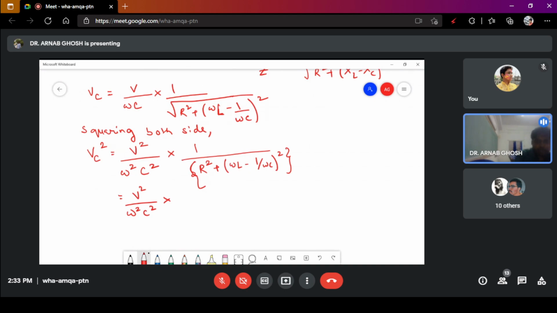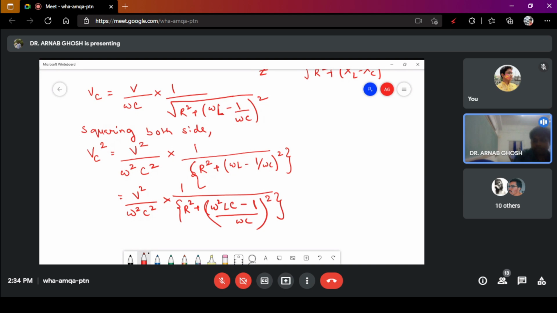This is 1 by R square plus omega square LC minus 1 by omega C, this entire thing's whole square.